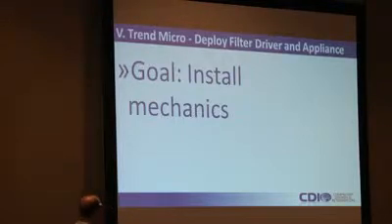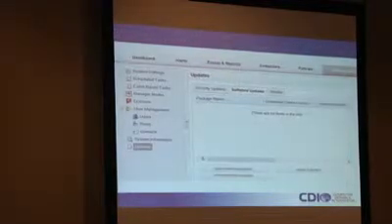The next thing to do is install something called the filter driver and the appliance that scans each host. Okay? So basically, the mechanics that VMware came up with of how this is supposed to work. So the first thing is these two things have to be imported into Trend Micro Manager.